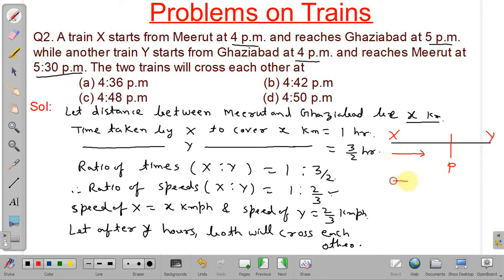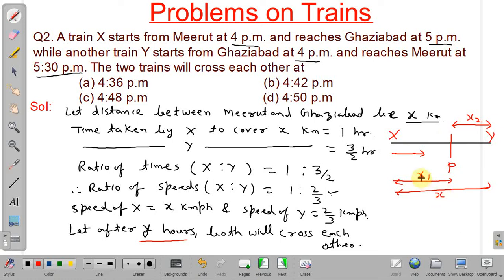So X will travel this much distance, which is suppose x1, and Y will travel this much distance in y hours, because we have assumed that they will cross after y hours. So Y will cover this much, suppose x2. Now if we add x1 and x2, it will be equal to the total distance between Ghaziabad and Meerut, that is x. Okay. So we have to equate the distance.